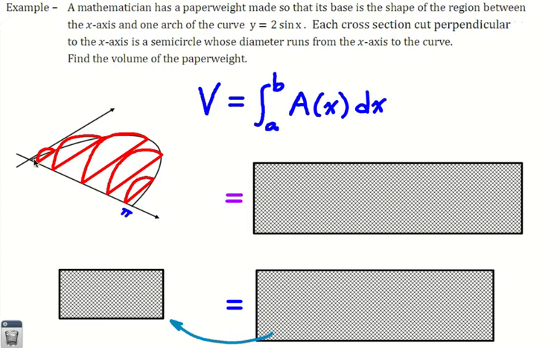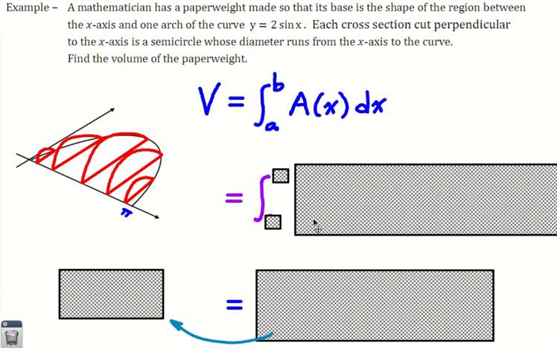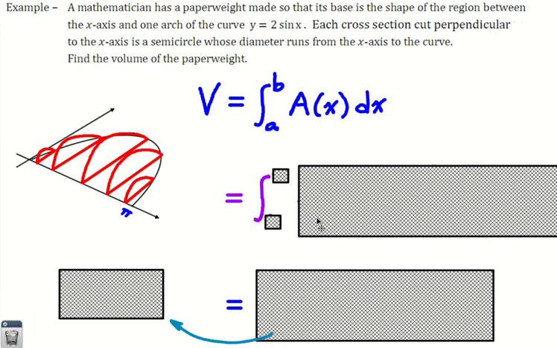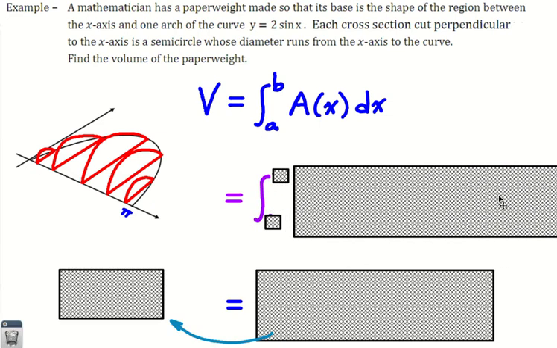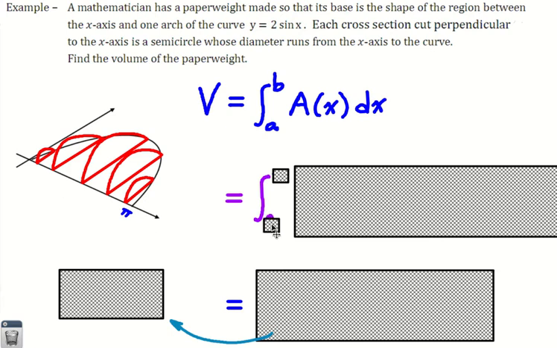So as we add up the areas of all these half circles, at least the limits here, we're going from 0 to pi. But now how are we going to find the area of one of these circles? Well, once again, it's literally a half circle.